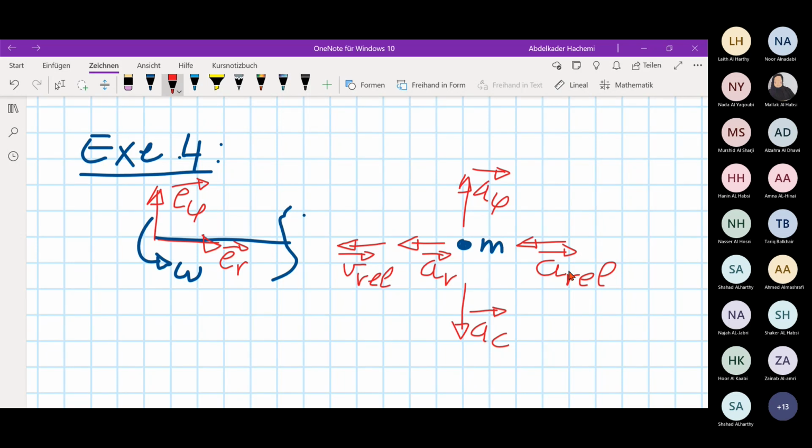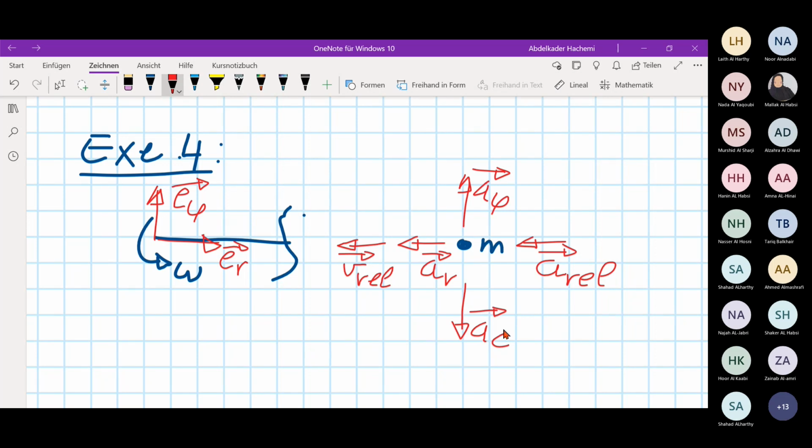A relative and V relative are given in the example. The motion induces these three accelerations: the radial one, the circumferential one, and the Coriolis one.